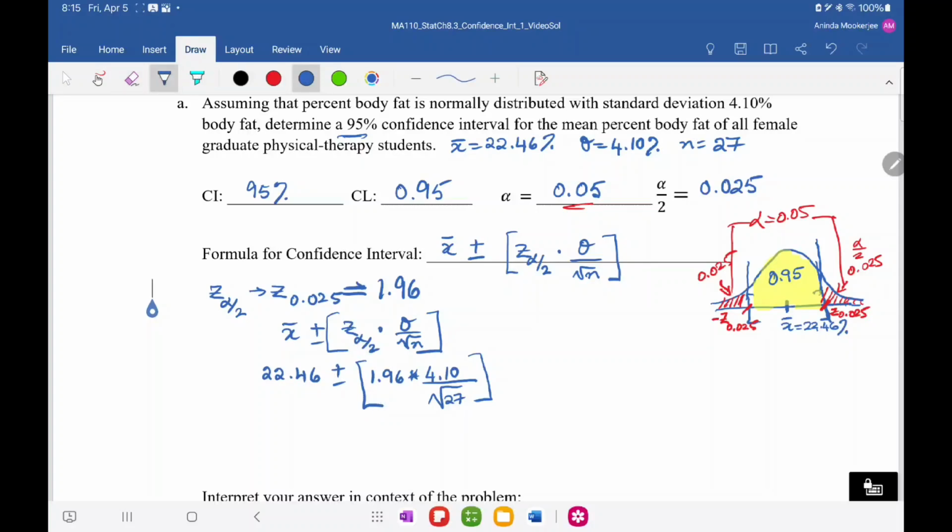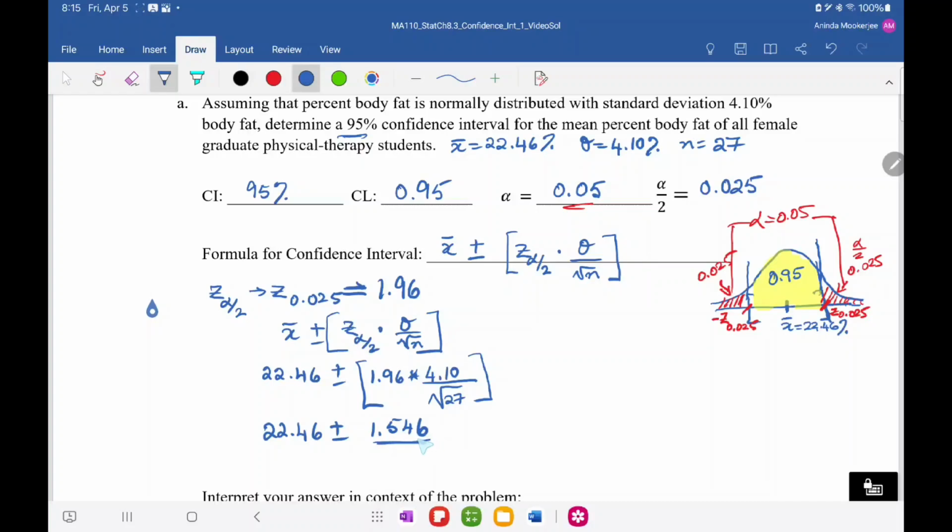And when we do the calculation for the margin of error, 1.96 times 4.10 divided by square root of 27 evaluates to 1.546. All right. So that's our margin of error, 1.546.